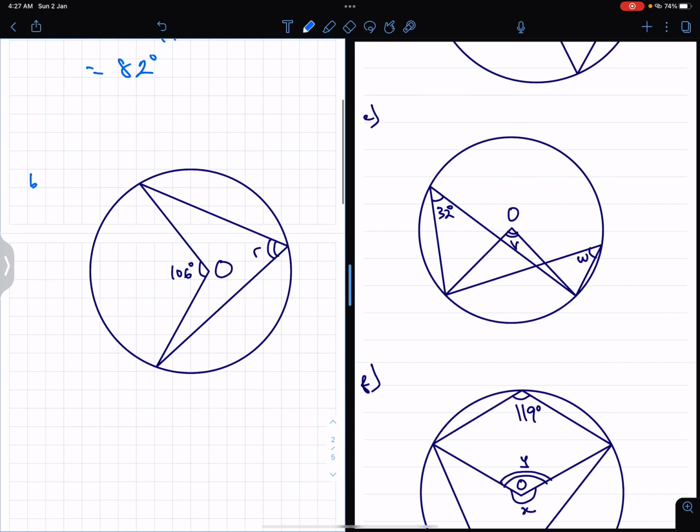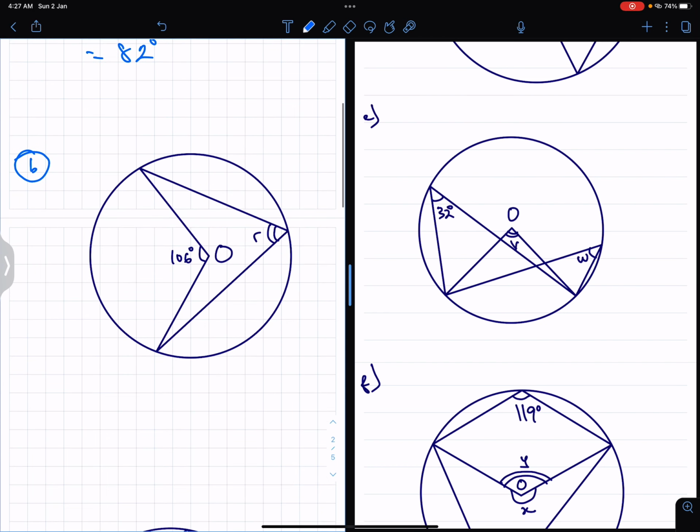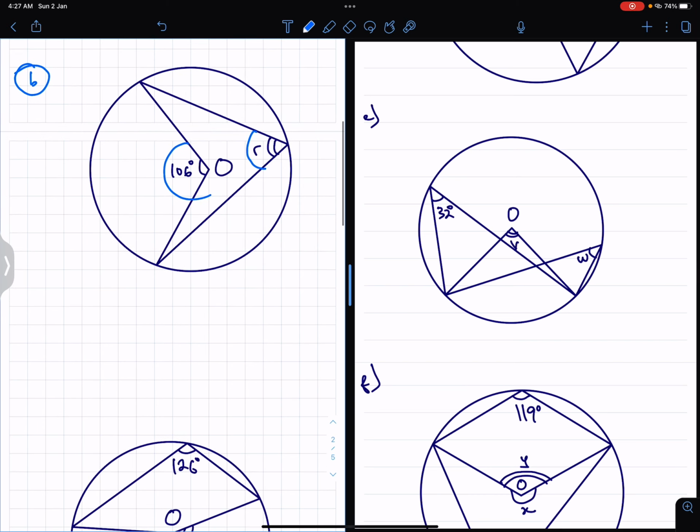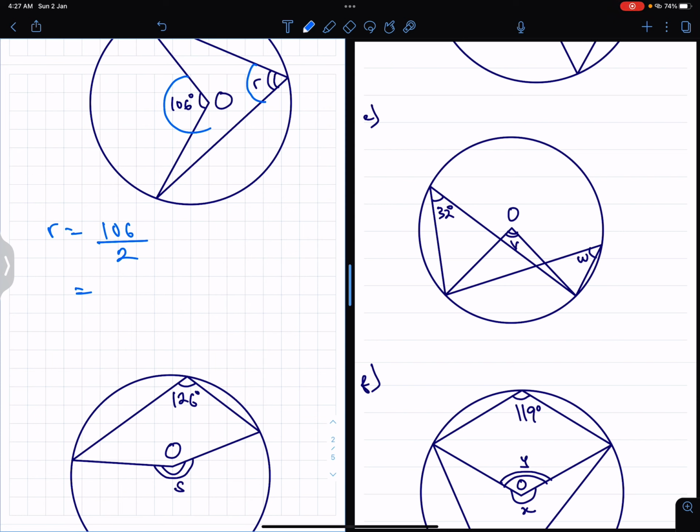Now to B, very quickly, R is at the circumference and 106 degrees is at the center. That simply means R is 106/2. By the same rule, angle at center equals twice angle at circumference. That means angle at circumference is half of angle at center, and that's 53 degrees.